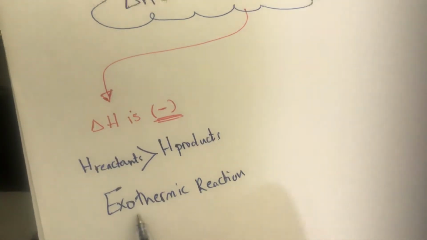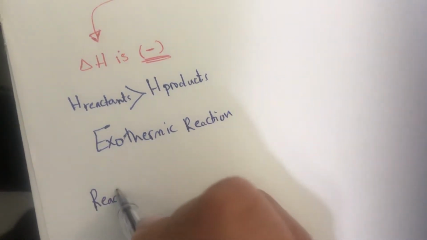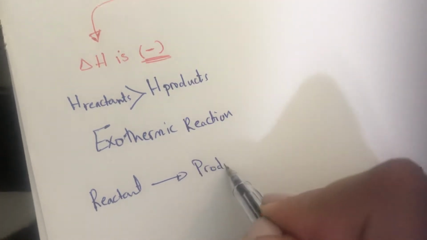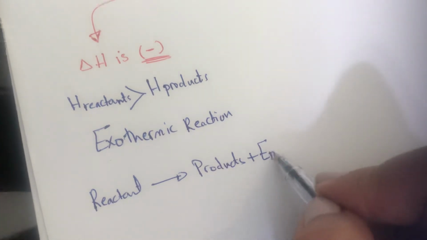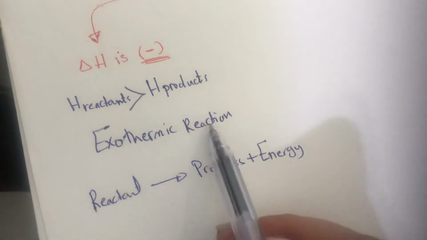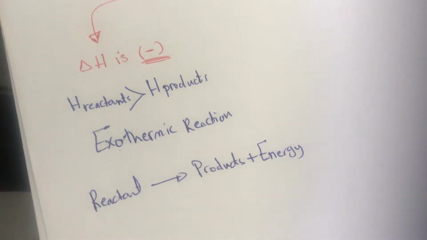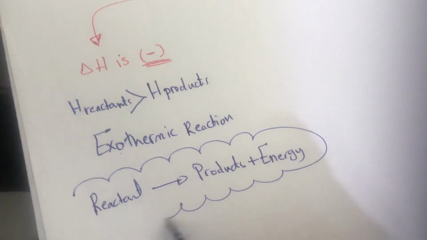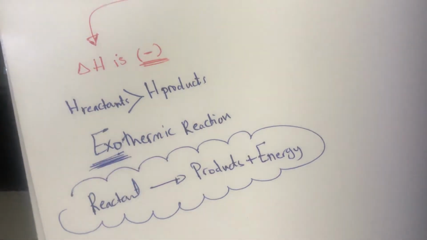The general formula for exothermic reactions: reactant gives product and energy. Exothermic reactions are the reactions that release energy.